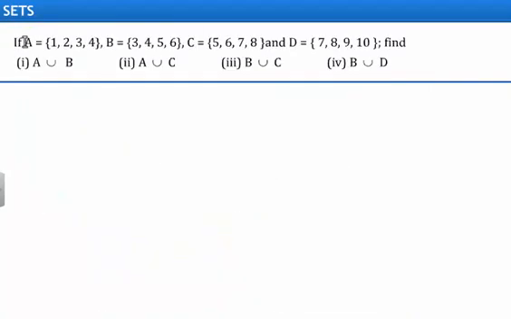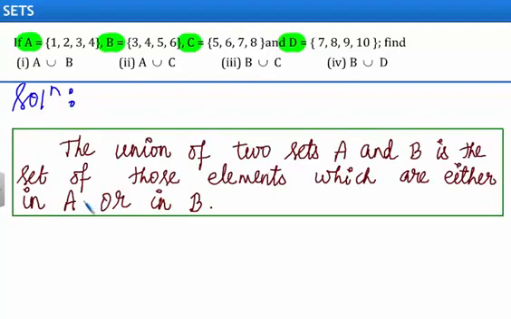In this problem, we are given 4 sets A, B, C and D. We need to find the following. Let us begin with the solution. Before proceeding on with the solution, let us recall the definition of union of two sets.